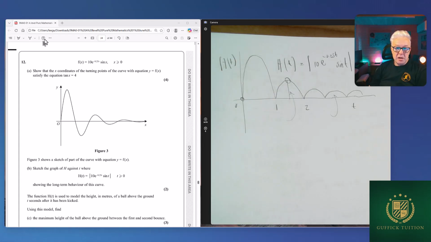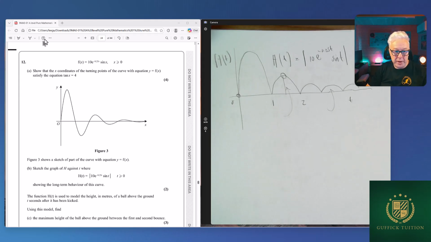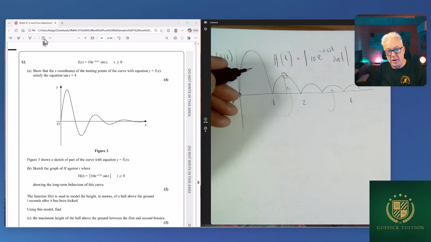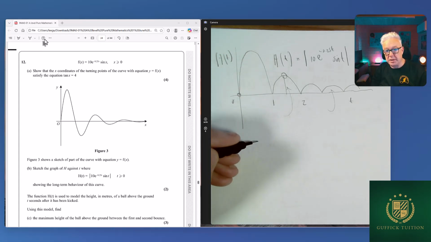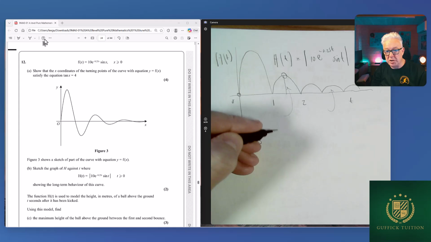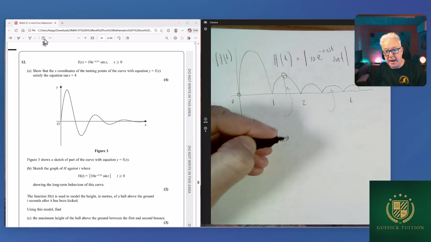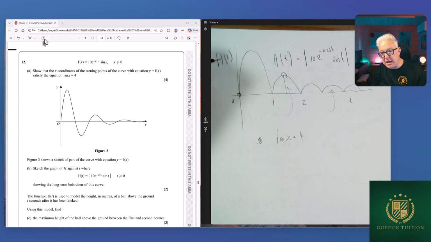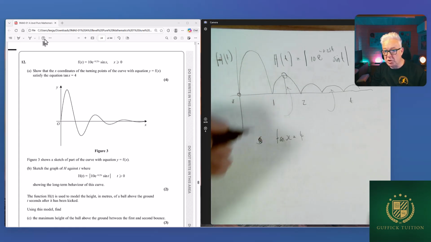Okay. So now this, I think, is a little bit tricky and a little bit subtle. Okay, what they're saying here is all of the turning points of our equation were solutions to the equation tan x is equal to 4. Okay, now this h of t graph here is just the modulus of f of x, essentially.